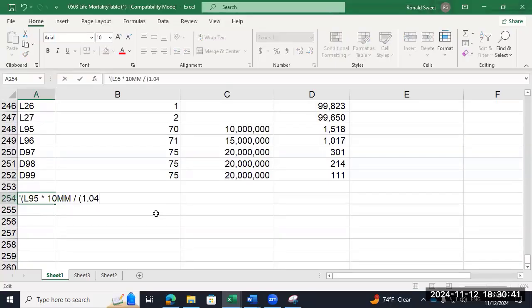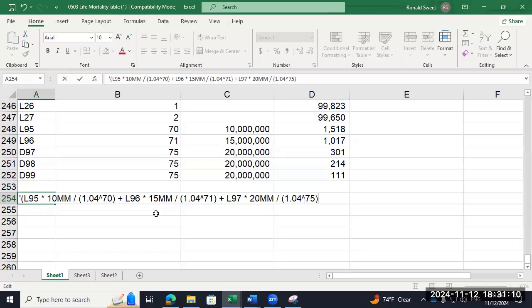Divided by 1.04 raised to the 70th, plus L96 times 15 mil divided by 1.04 raised to the 71, plus, and we can just do L97 times 20 mil divided by 1.04 to the 75.